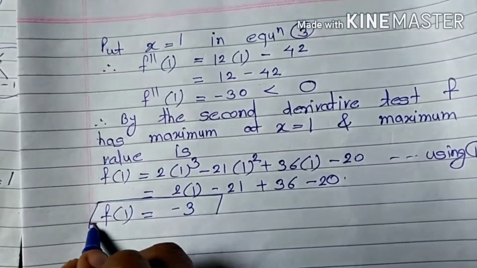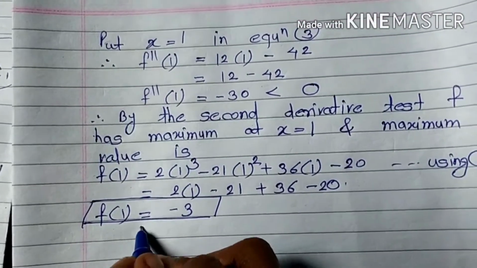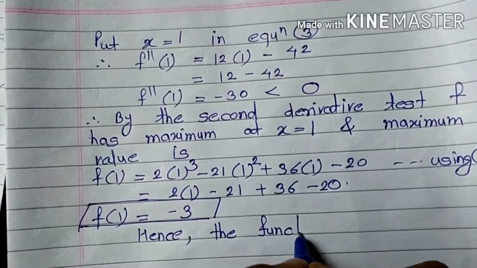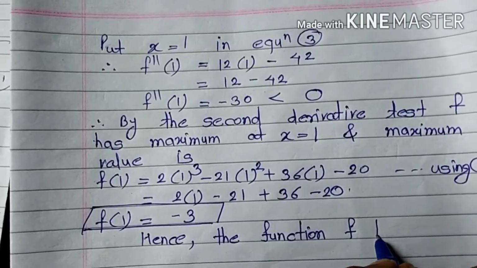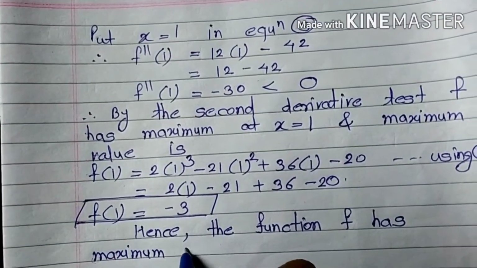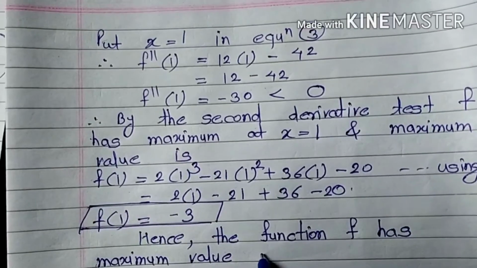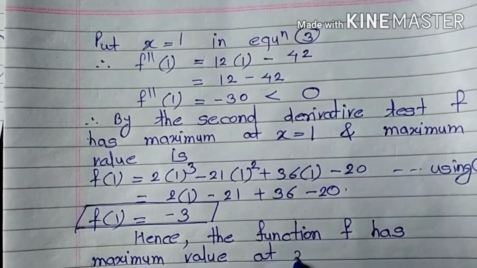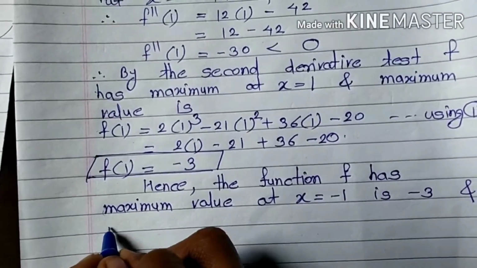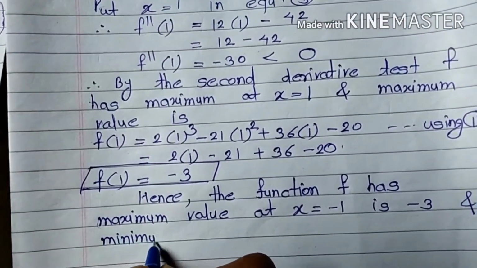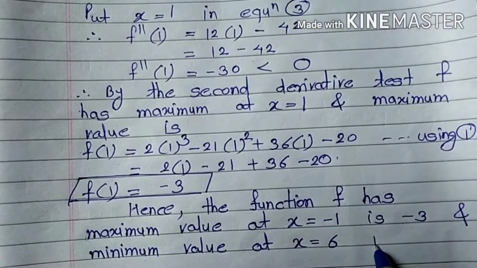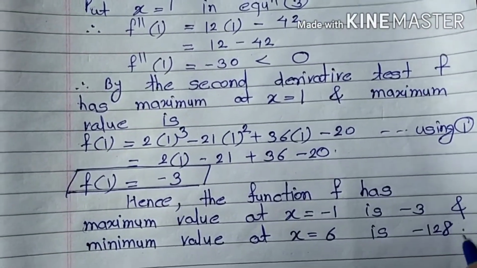This is the maximum value. Hence, the function f has maximum value at x equal to 1 is minus 3 and minimum value at x equal to 6 is minus 128.